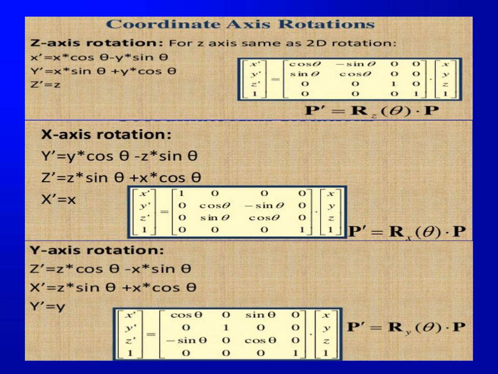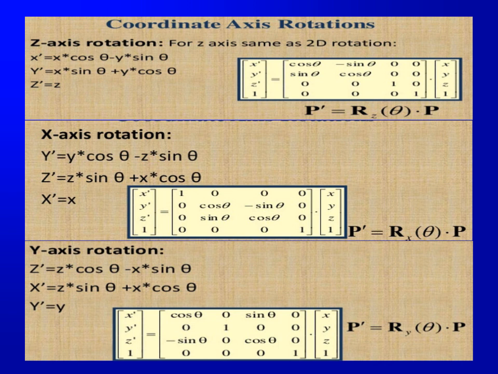And we already know this formula, that is P dash is equal to Rx theta into P, right? In two-dimensional and homogeneous coordinate transformation, the formulas are the same, okay. Now the third axis is the y-axis, and for the y-axis you can see over here y dash is equal to y. Now you have to change only the x dash value and z dash value, okay.